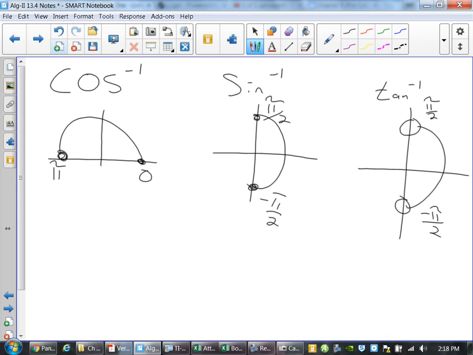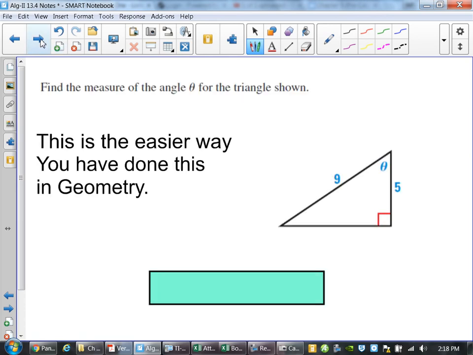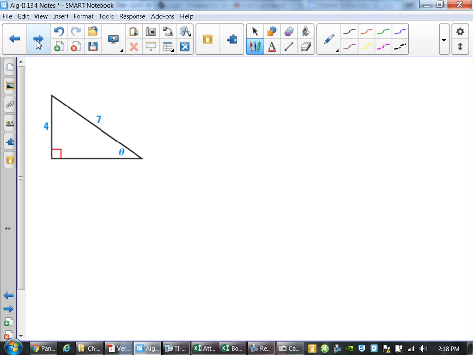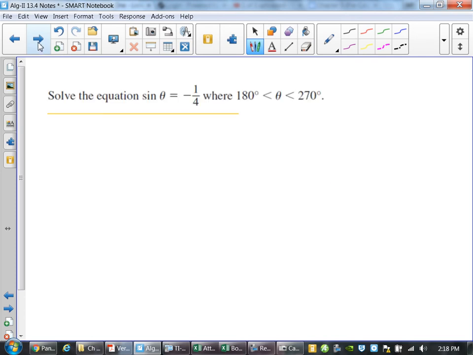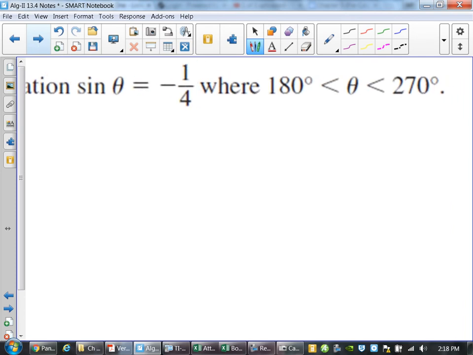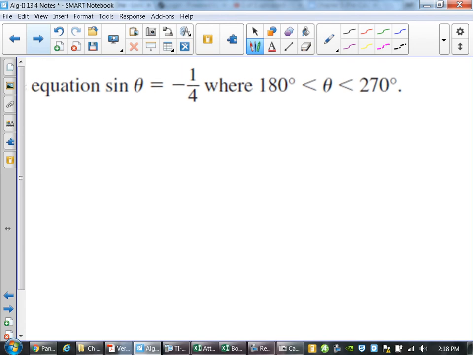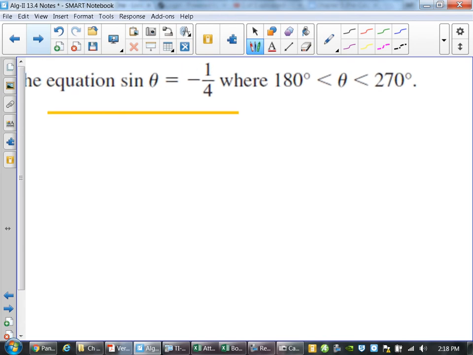Tangent, as you can see, doesn't have a parameter. We did this already earlier. Let's go into an equation. I know you're going to be happy to hear this. You need a calculator. You need to have your calculator for this.